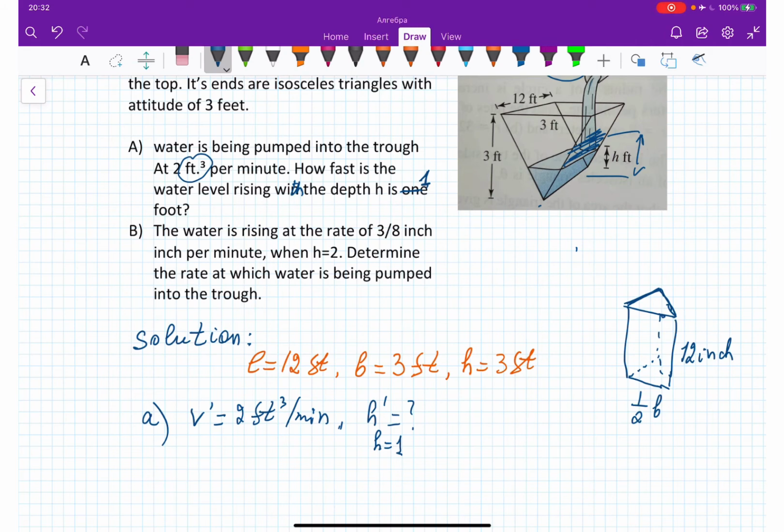So, what do we have? We know that the trough is a right triangular prism. Here it is, I put it here.